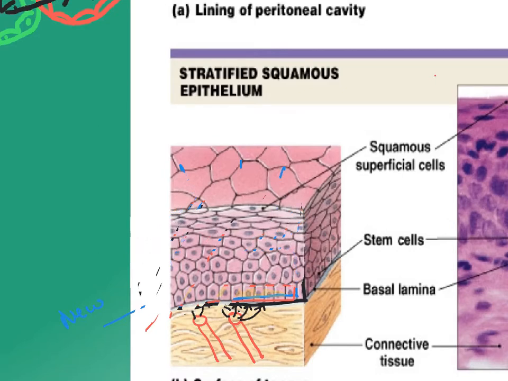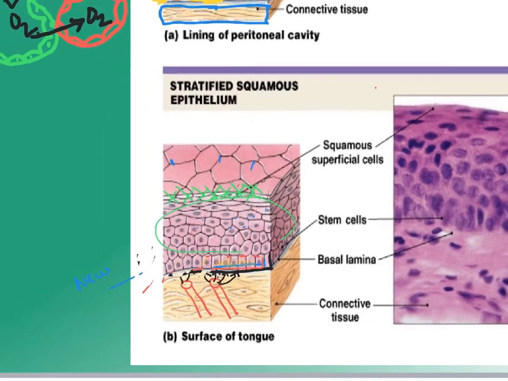Well, you've got stratified squamous in your mouth, and so that hot coffee may just only damage a couple of these layers of cells, right? So not a big deal. There's still plenty of epithelial cells there, right? To still create that lining of your mouth.